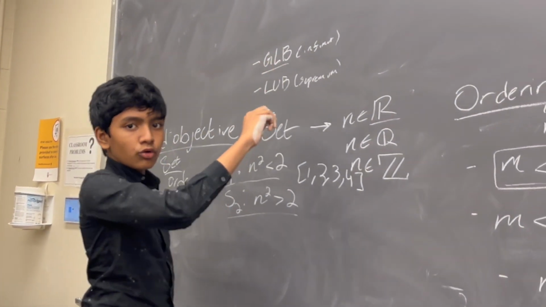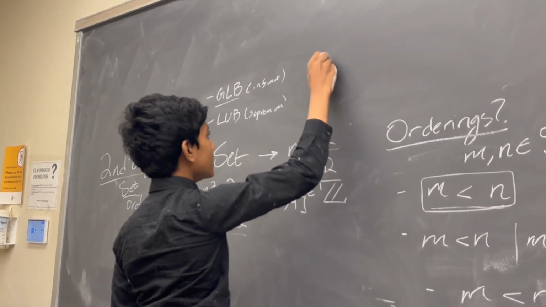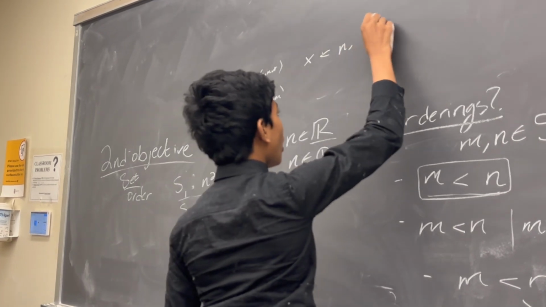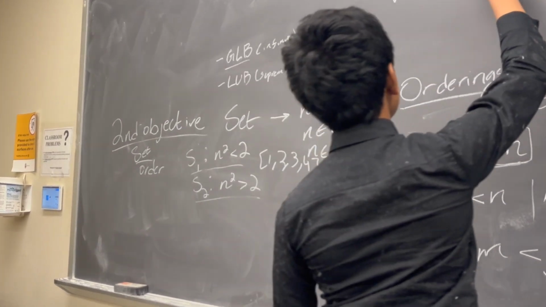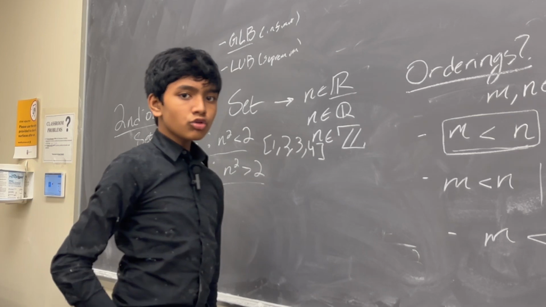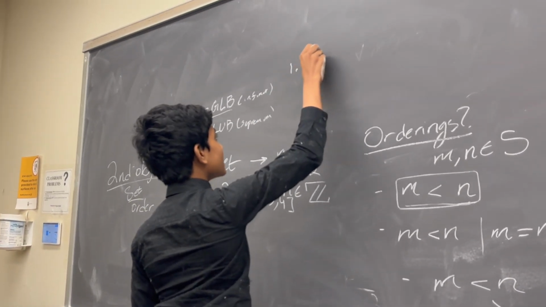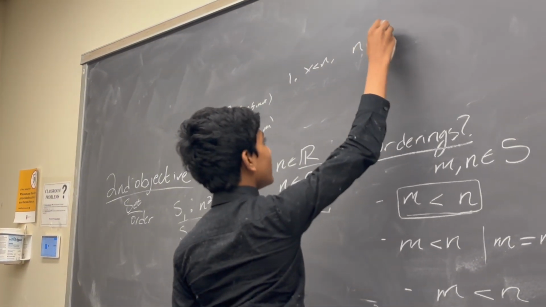Well, the greatest lower bound has to have two properties. One, it has to be less than or equal to n for all n in the set.